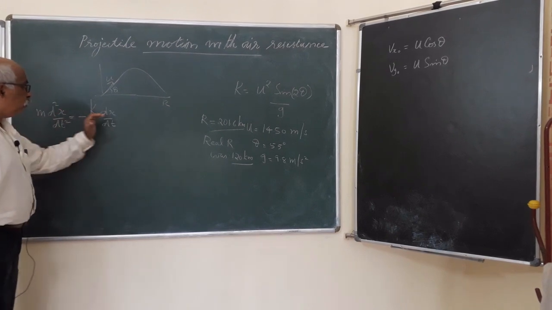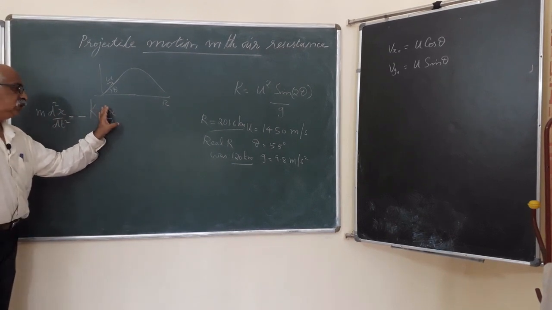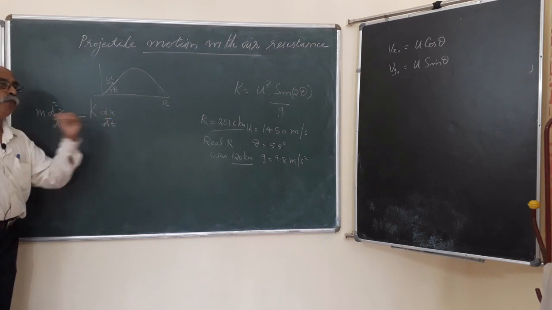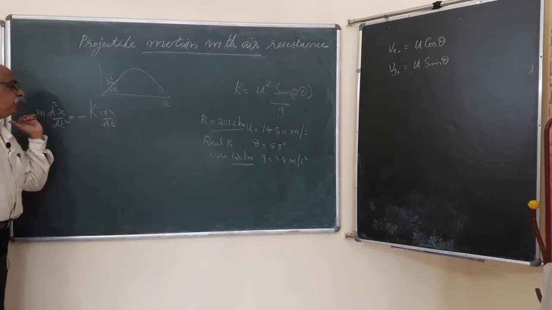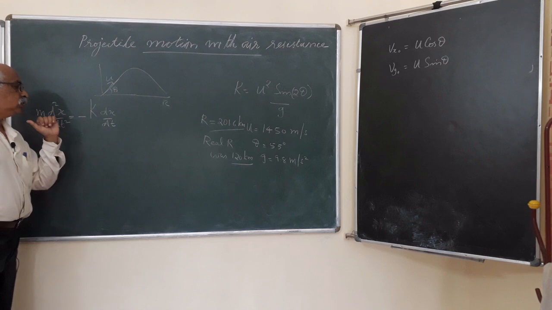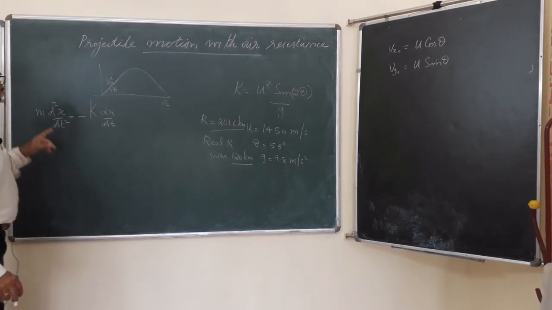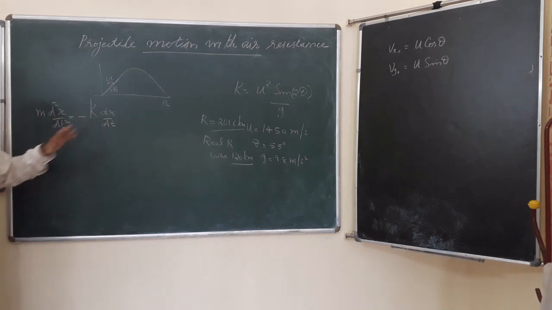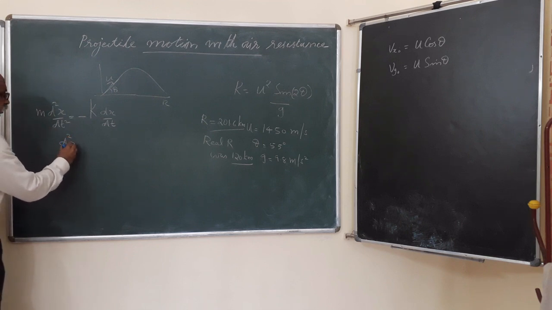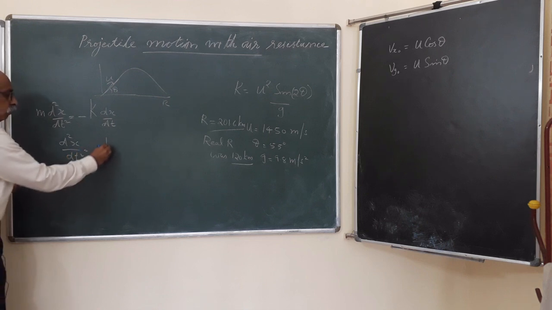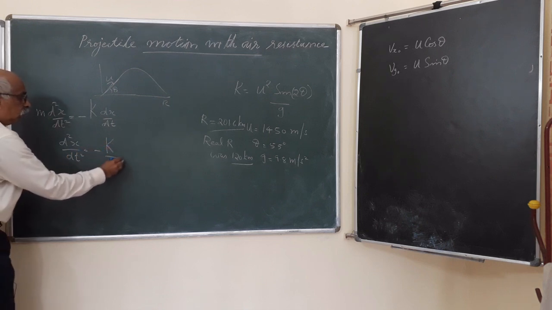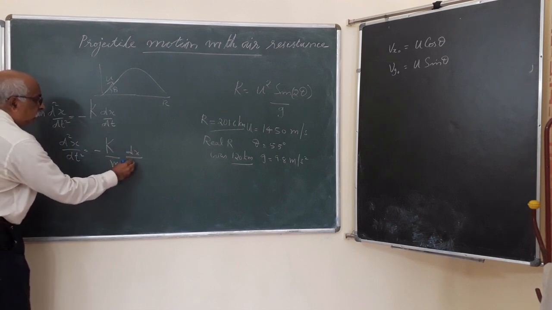The force is proportional to dx by dt with a minus sign because it is opposing the growth of velocity. It is against the direction of the velocity, the force. Therefore, this is the force equation for the horizontal case. This can be simplified and written as d square x by dt square is equal to minus k by m into dx by dt.